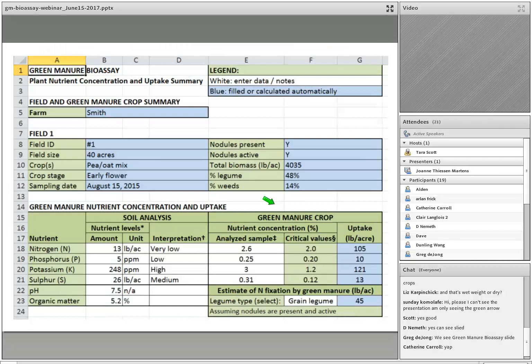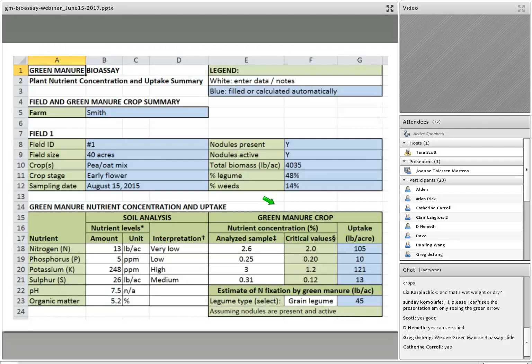Okay, so this summary tab, again, it'll show you the farm name as well as some of the field information. You'll see those blue cells are actually filled in automatically. All that information just comes automatically from where you entered it on the other tab. And the white cells are where you will enter your own information.